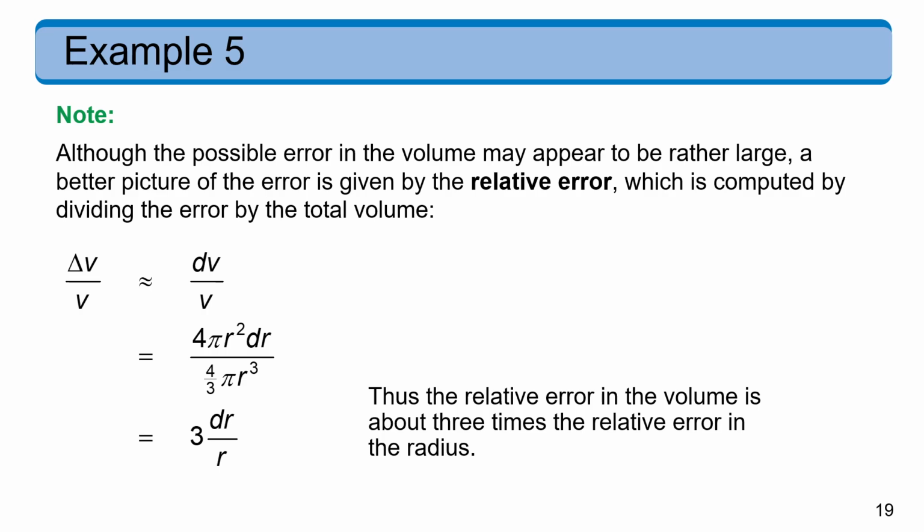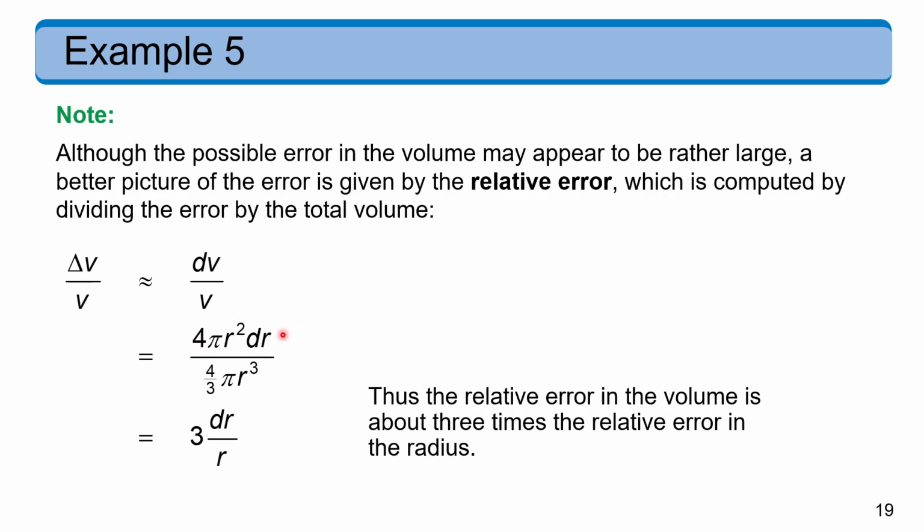Relative error is defined by taking the actual change in something, in this case volume, and dividing it by the total volume. To calculate that for this example, first we'll estimate delta V with dV, and then we can plug in for dV this formula that we found earlier by taking the derivative of the volume function.